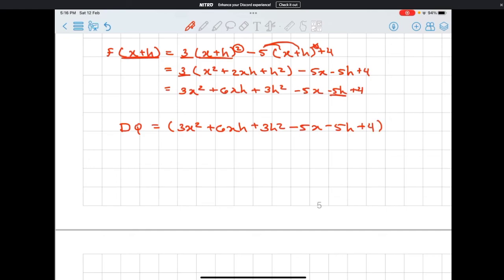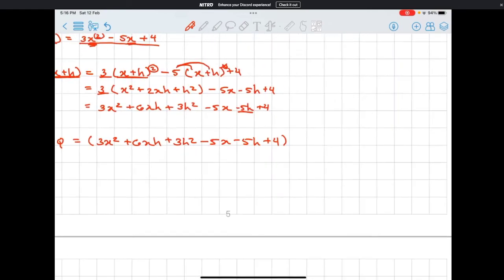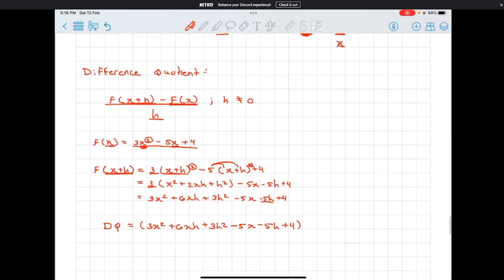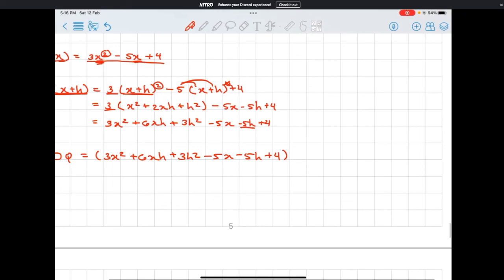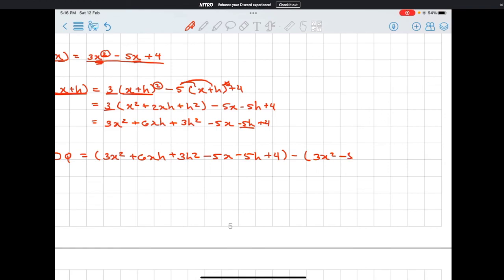Granted, it is a little long, but that's the only way to do it. And then we subtract the original equation. So minus 3x squared minus 5x plus 4, all over h.